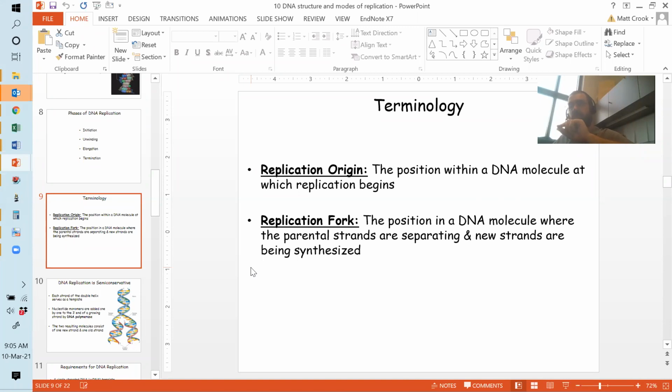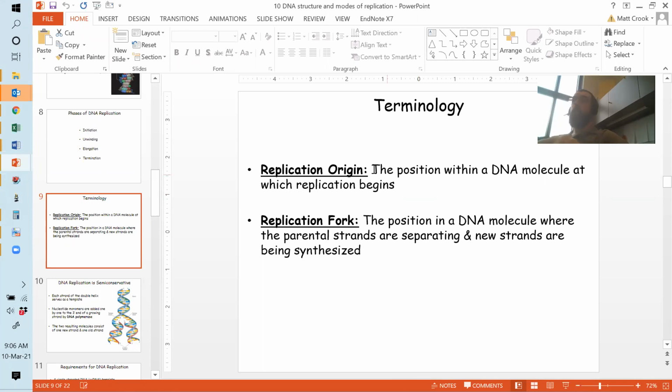It's done in lots and lots of goes, essentially. And also, each one of those, once replication begins, generates typically 2 replication forks. In bacteria and viruses, it may be just one, if DNA replication is unidirectional. In eukaryotes, it's always 2, right?